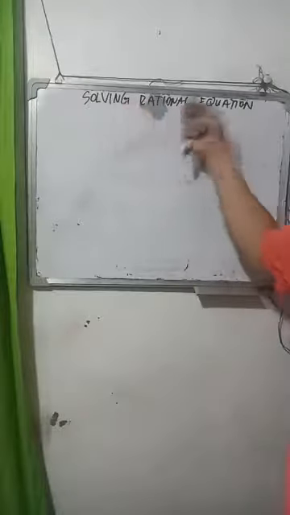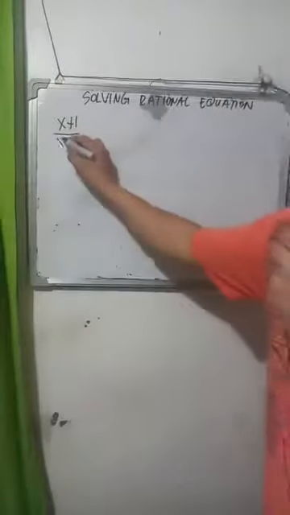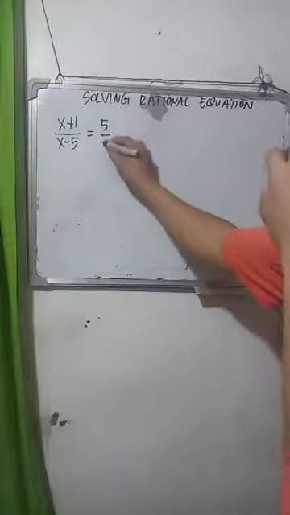Solving rational equation. Una, sinabi ko, there are steps in order to solve for rational equation. So we have, example, x plus 1 over x minus 5 equals 5 over 3. So, tingnan yung given.